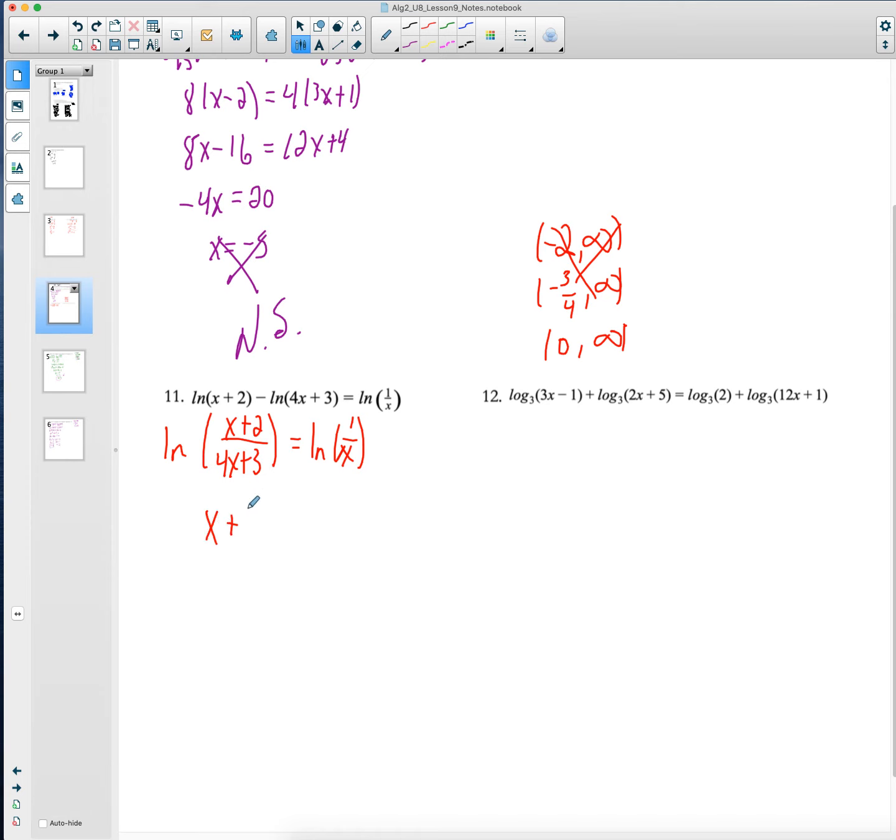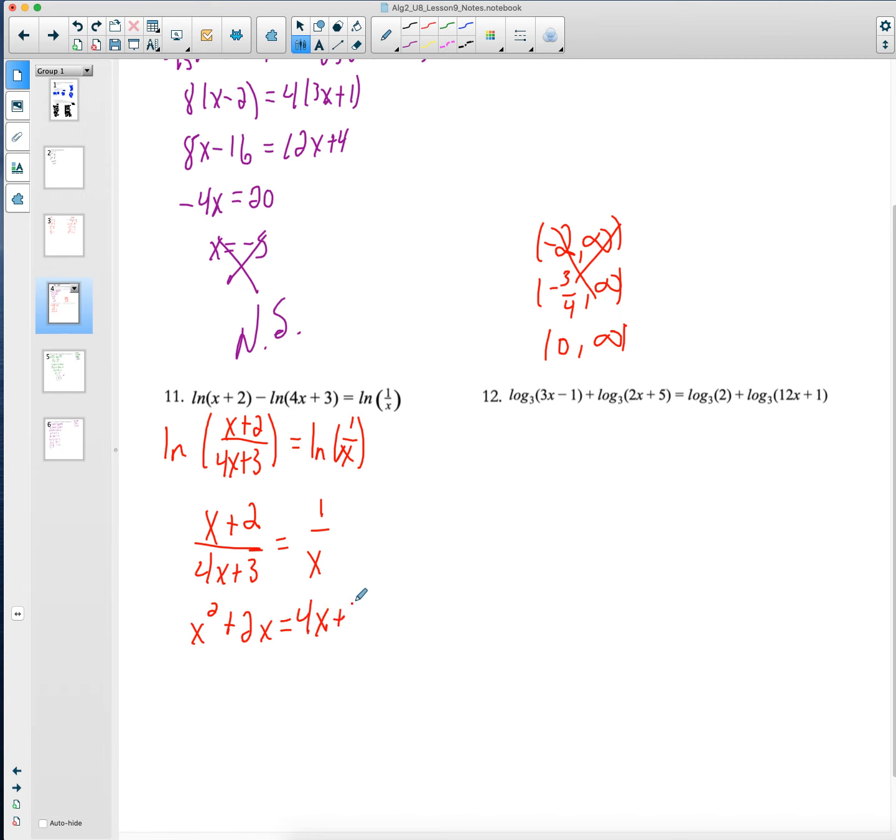Of course, we're going to have x plus 2 divided by 4x plus 3 equals 1 over x. And then once again, solve that proportion, numerator times denominator. So x times x plus 2 would be x squared plus 2x equals 4x plus 3.